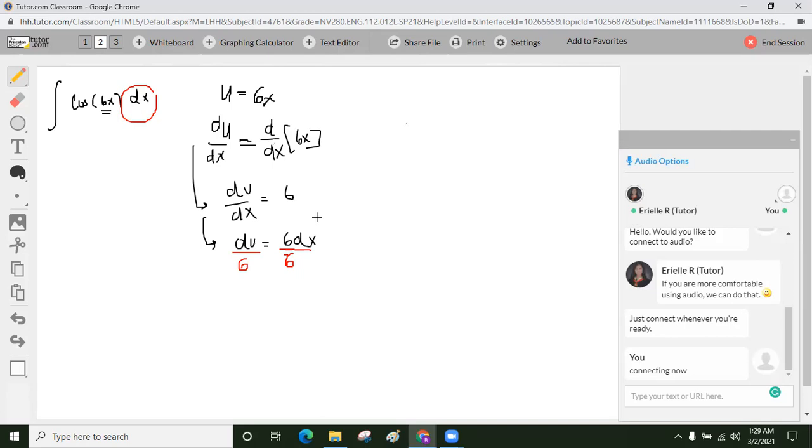So you want dx in terms of du, so you're dividing by 6. It depends on how your function looks, but this is what we do if we have constants. So dx would then, of course, equal du over 6.